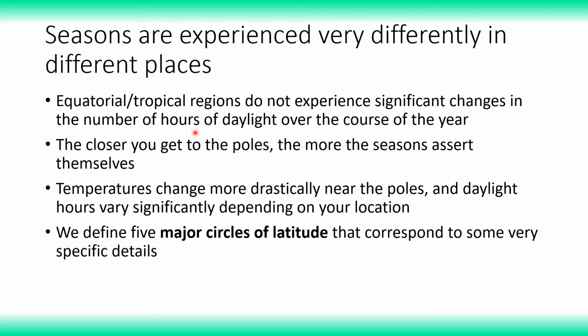but the farther you go away from the equator, or the closer you get to the poles, then one, the temperature differences start to be pretty drastic, pretty significant, and also the hours of daylight change dramatically when you get close to the poles. So you'll get areas of the world where when it's winter, there's barely any sun at all.